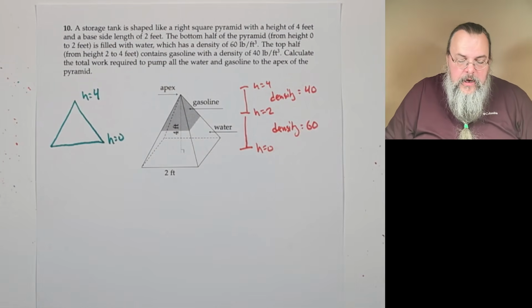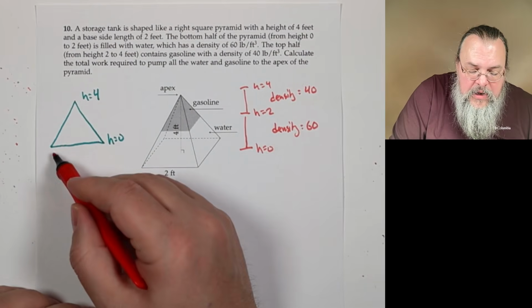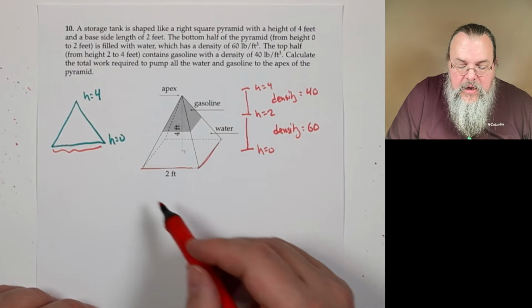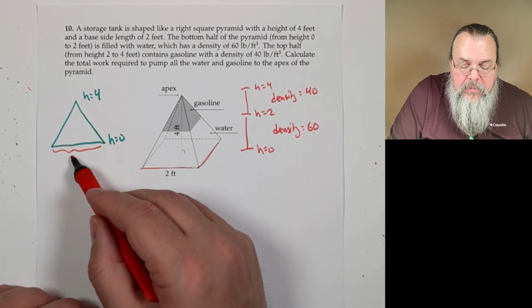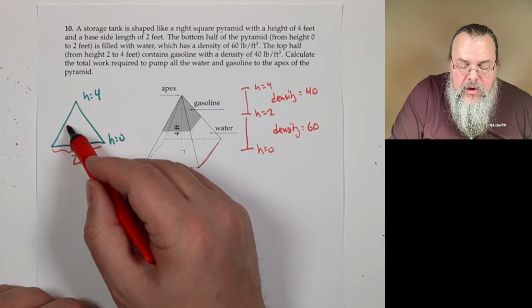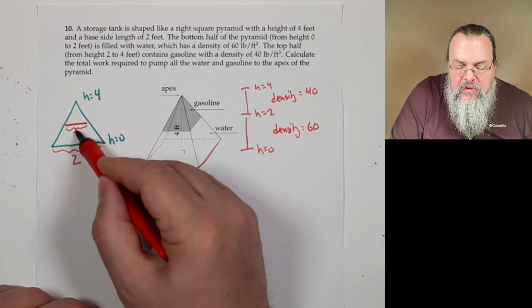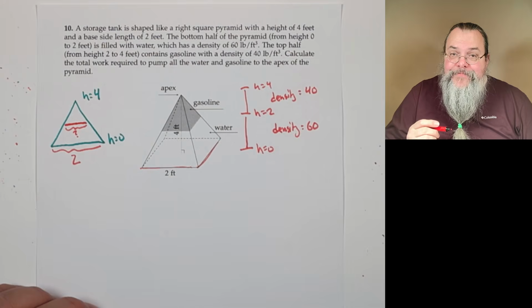One thing I'm very interested in is the distance across. At the bottom it's 2 by 2, but what would it be at any intermediate point? At the bottom we're 2 across, but what if we're here? What is this distance across? How can we find it?